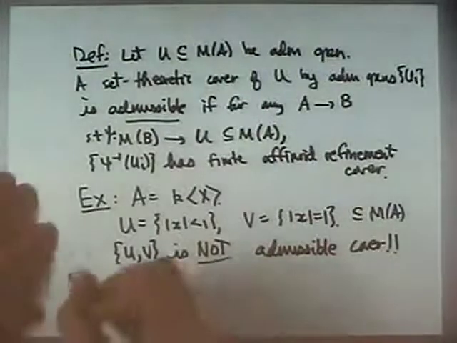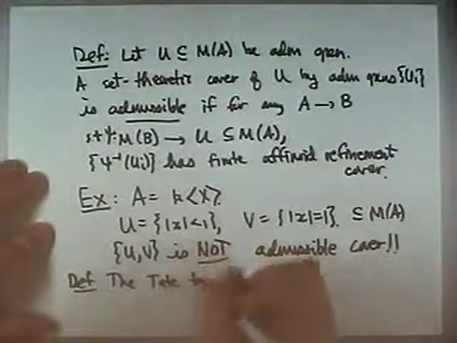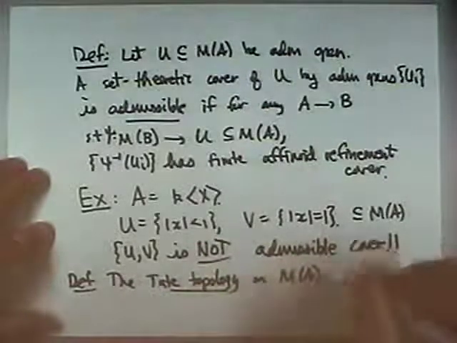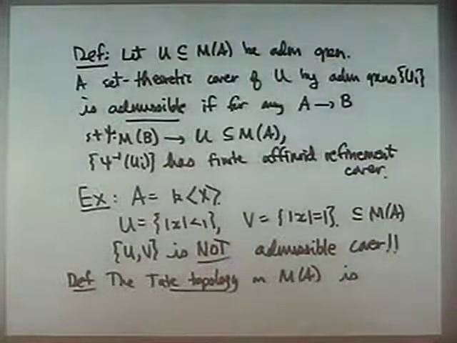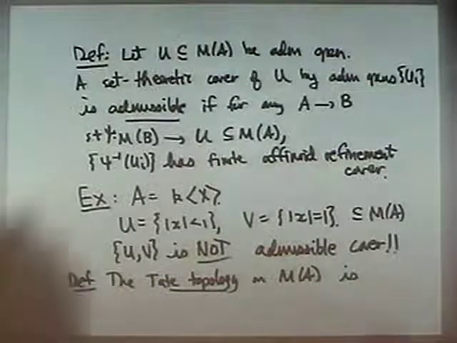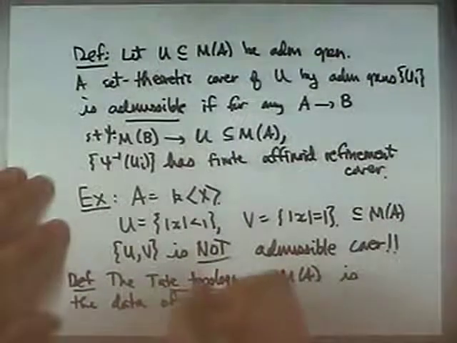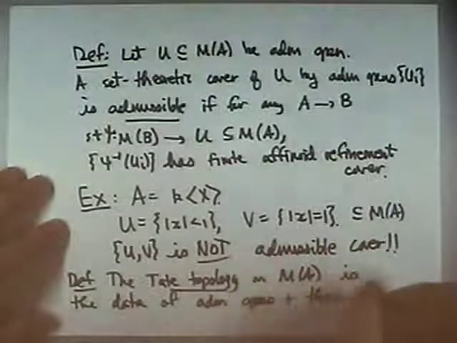And I'll just say the last definition is that the Tate topology on M(A) is exactly, well, it's a very mild kind of what's called a Grothendieck topology. For those of you who don't know what Grothendieck topologies are, you just don't allow unions, roughly speaking. I don't want to get into all this formalism. Let me just say that this is the data of the admissible opens and their admissible covers.